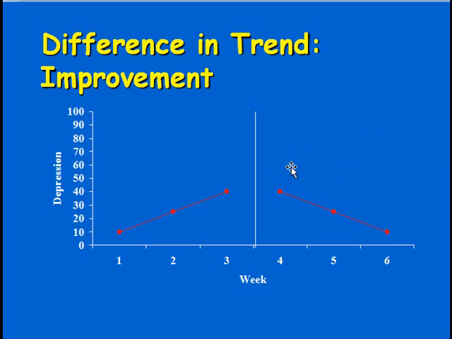Instead, your trend totally changes. Now you have a downward trend. So this is a clear example of client improvement. Just the opposite: here you have a client during baseline getting better.